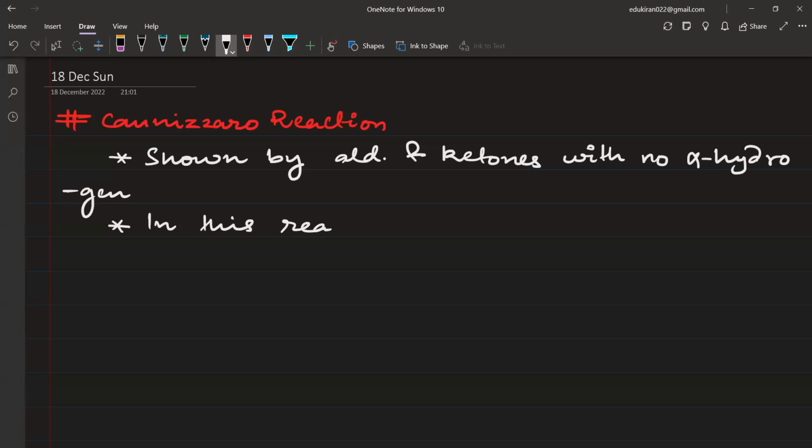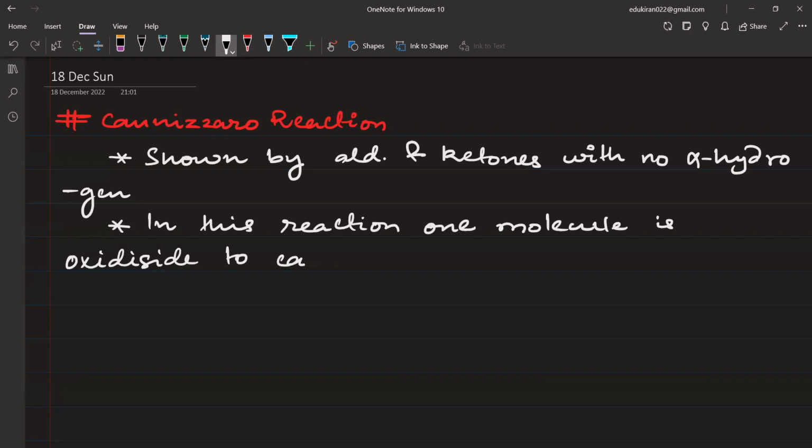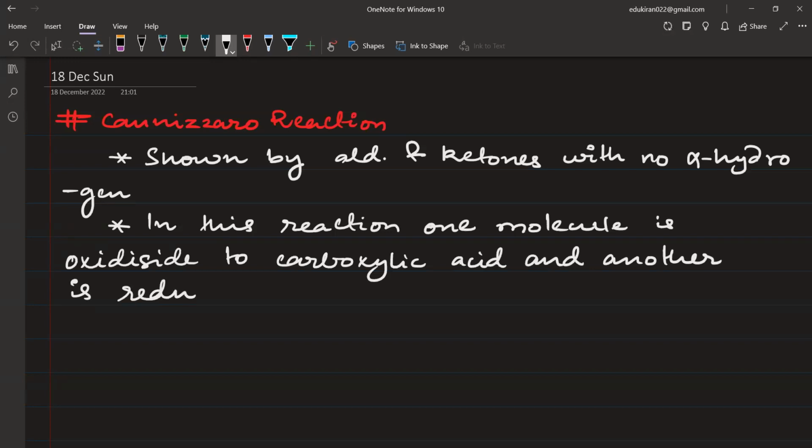In this reaction, one molecule is oxidized to carboxylic acid and another is reduced to alcohol. Okay, so for example, you have HCHO, acetaldehyde.